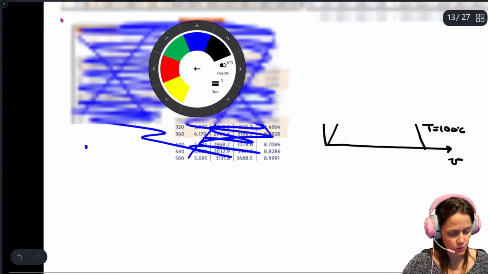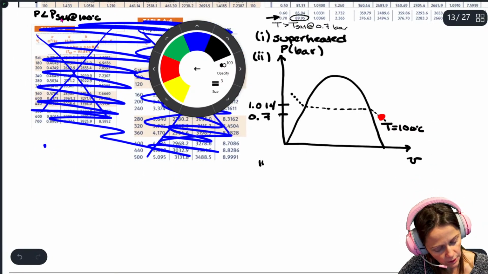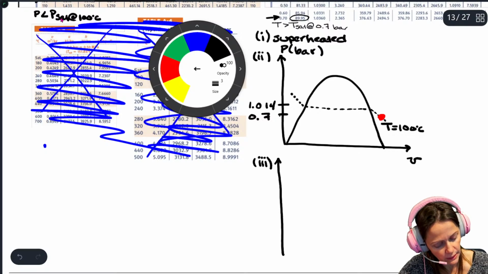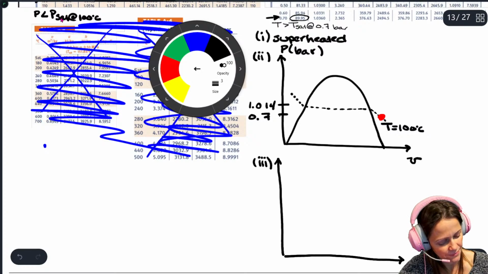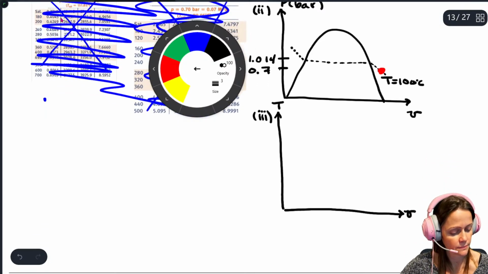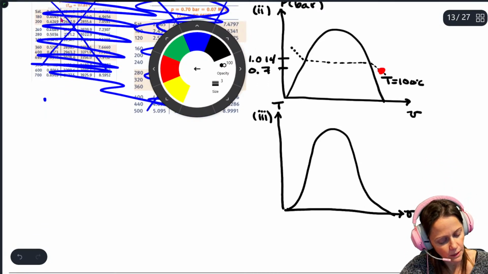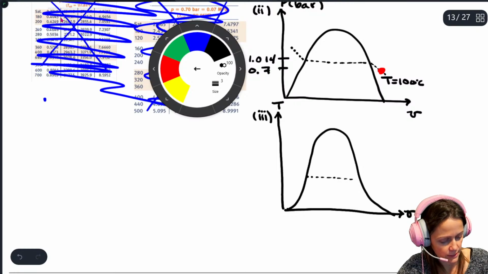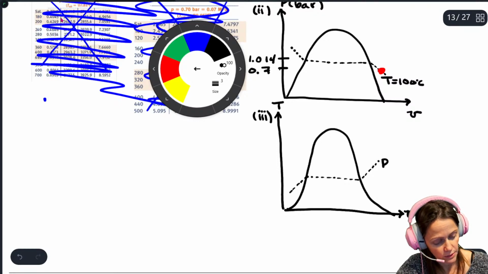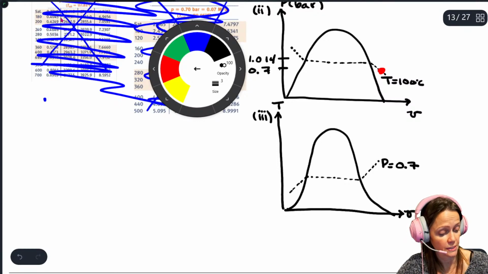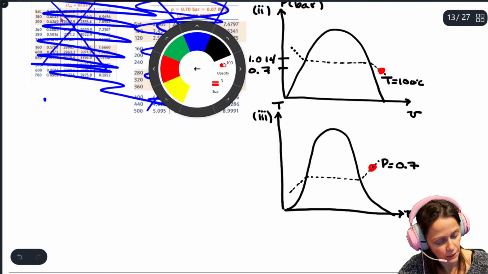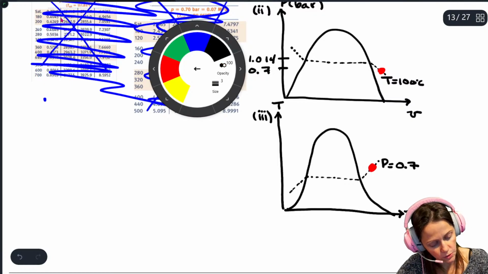All right, let's do our TV diagram and then we'll move on. Or at least move on to part D, then we'll move on. So temperature, specific volume. Here's my vapor dome. Okay, draw my line of constant pressure here. So anywhere along this dotted line, it's the same pressure. So we'll say that this corresponds to a pressure of 0.7 bar. We figured that we're superheated based on those rules. And so the corresponding temperature, that's 100 degrees Celsius.